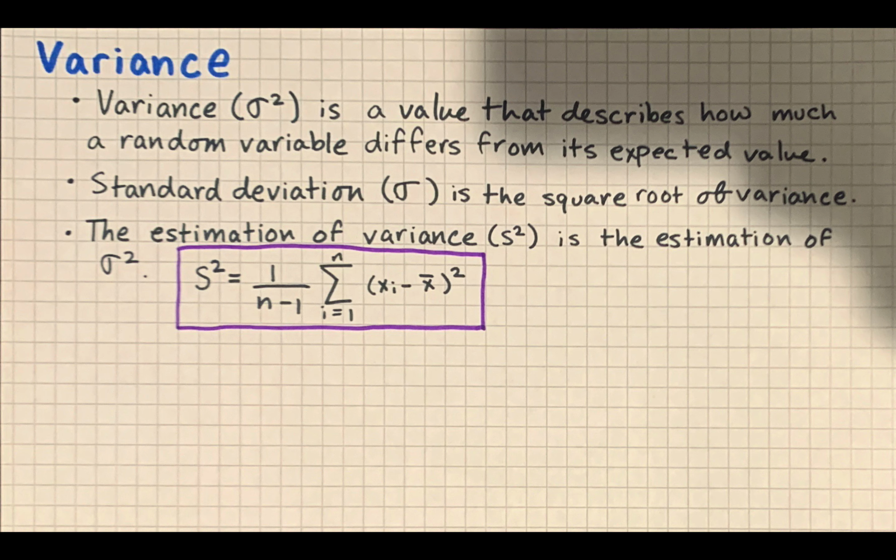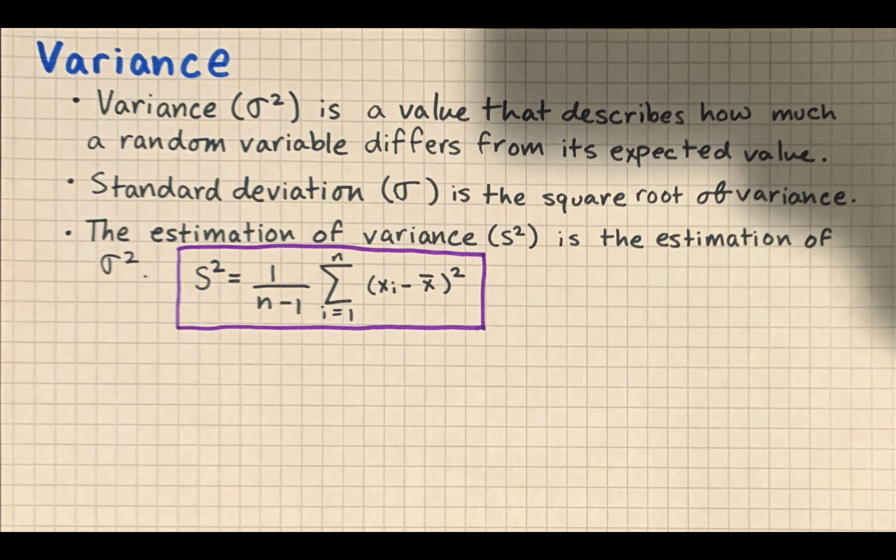We can estimate the variance by using the following values. Variance is equal to 1 over n minus 1, where n is the number of terms in the model, times the sum of the squared differences between the actual and expected values, summed for each value of i.